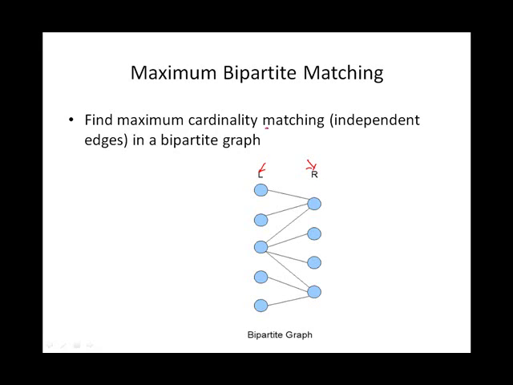So we want to find a matching in this bipartite graph. Matching is nothing but selecting independent edges.